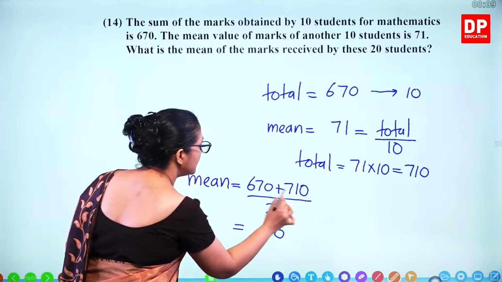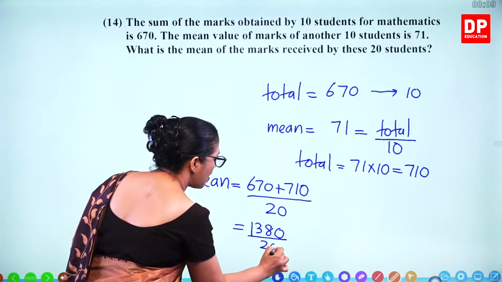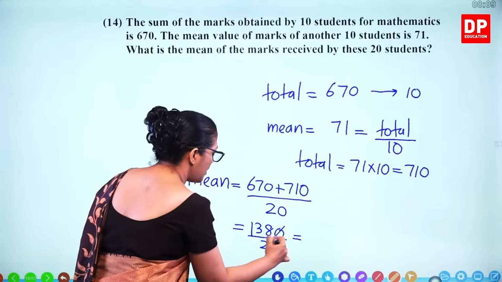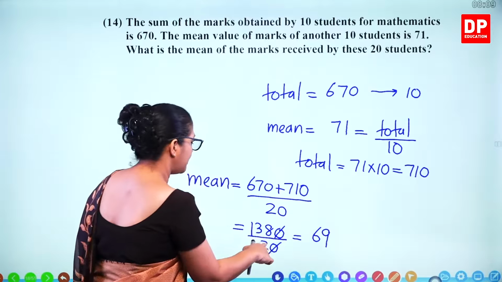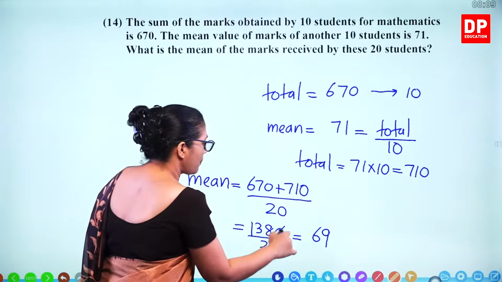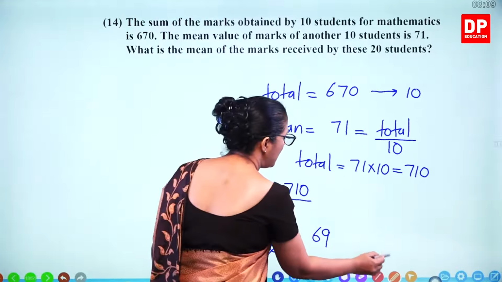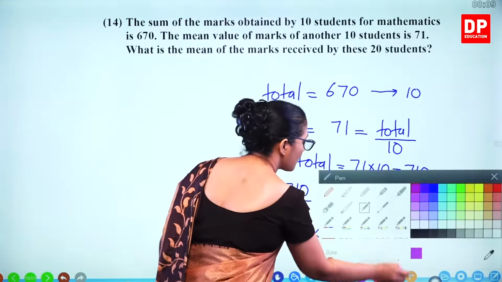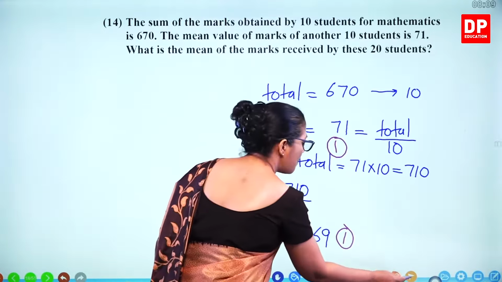You get 1380 divided by 20. 2 times 6, 12, and this is 9. So 69 is the mean mark. So 1 mark here and 1 mark for the method.